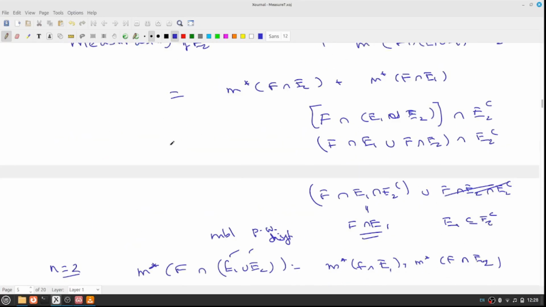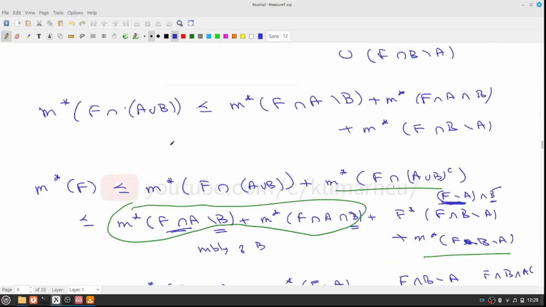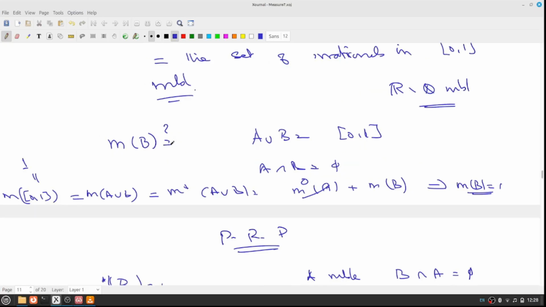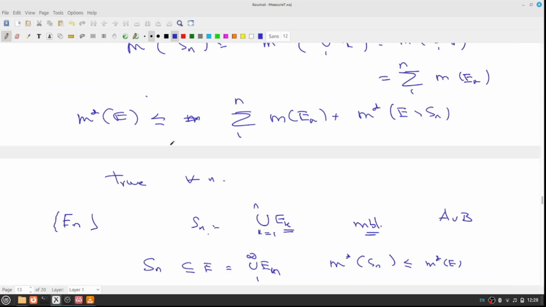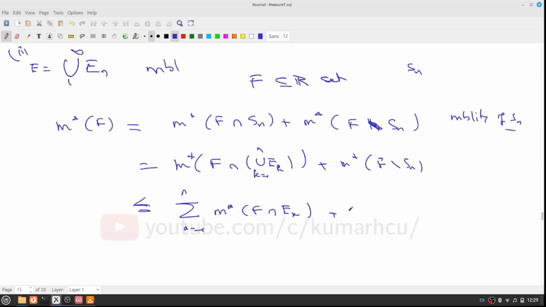So we are going to use this. Therefore this is equal to the summation of m star of F intersection Ek, k equal to 1 to n, plus, and this is less than or equal to, m star of F minus S.